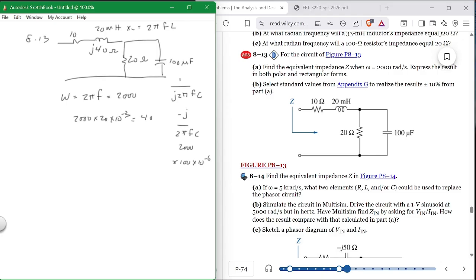Okay, so let's do it again. 1 divided by, parenthesis, 2,000 times 100 times 10 e to the minus 6th.